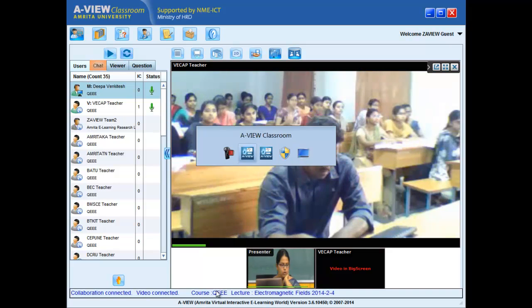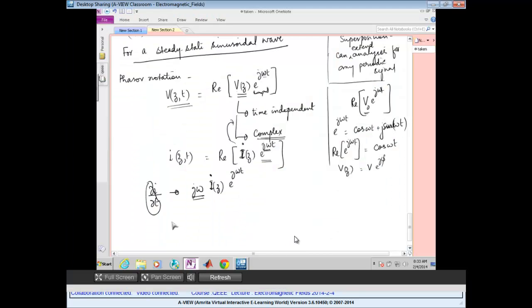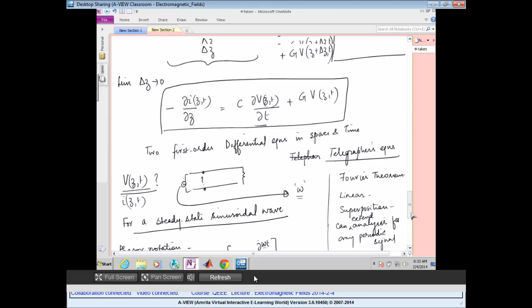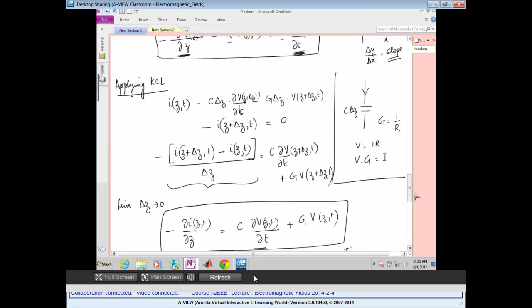So you go back into your first equation, you will get it as, let me just write it explicitly for the voltage equation, minus Vz e power j omega t. The left side was the derivative with respect to space, right?